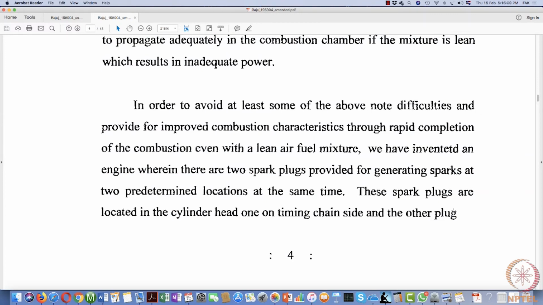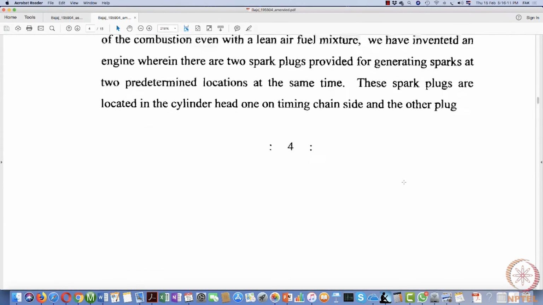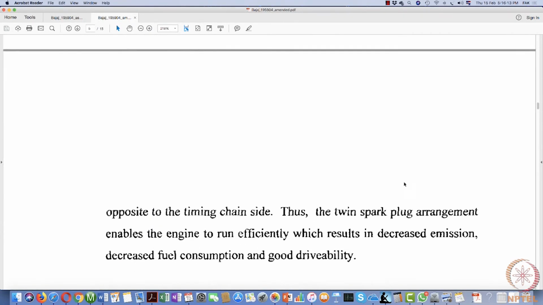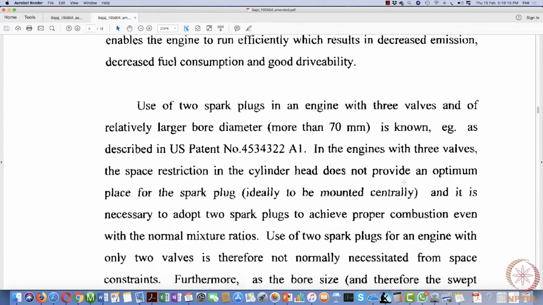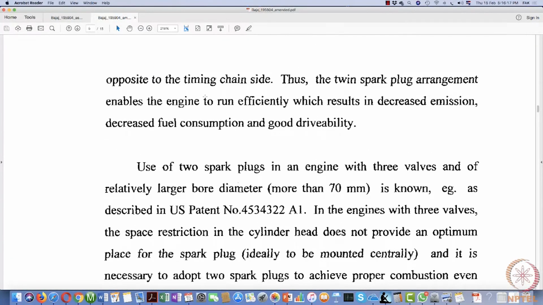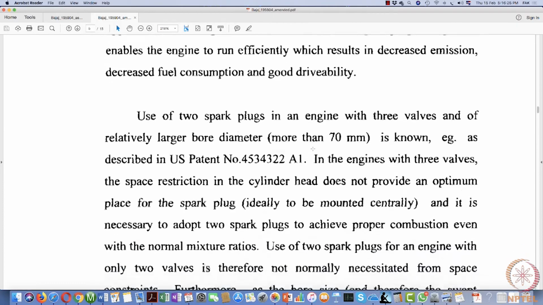And the claim is that because there are two sparks, combustion is better. Now they say fuel efficiency, and they also say decreased emission, decreased fuel consumption, and good drivability.